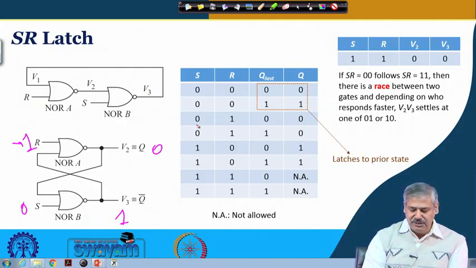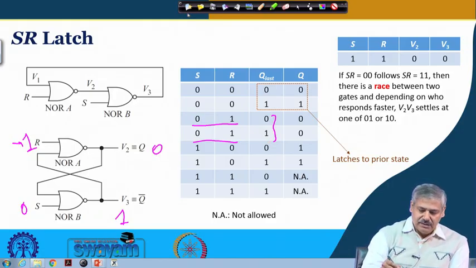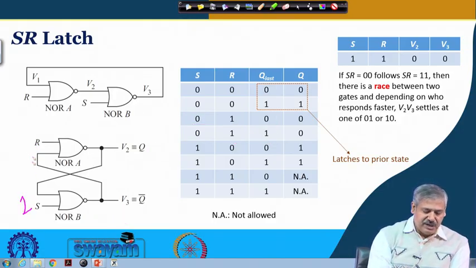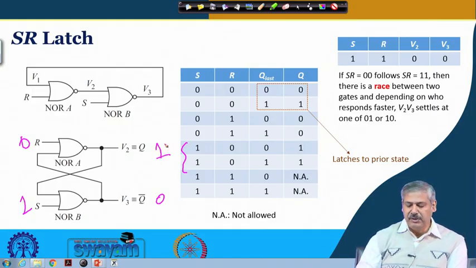So, when this is 0 1, right, S is 0 and R is 1, irrespective of what is the previous value, the output is always 0, right. And similarly, again from symmetry, if this is 1 and this is 0, this is the case, right. This 1 will force it to be 0, this 0 0, this is 1, so output will be 1, right, Q will be 1. So, this is what you can see.